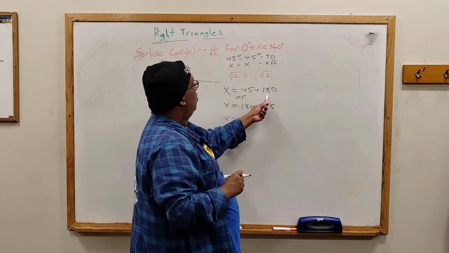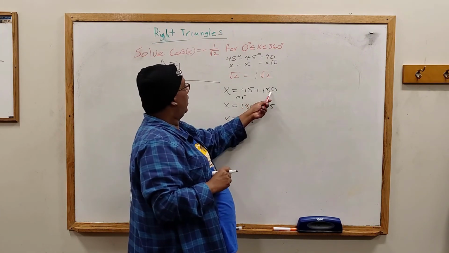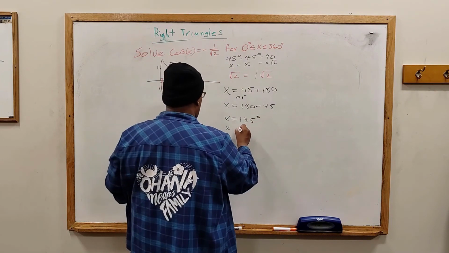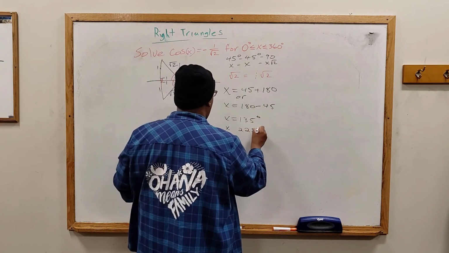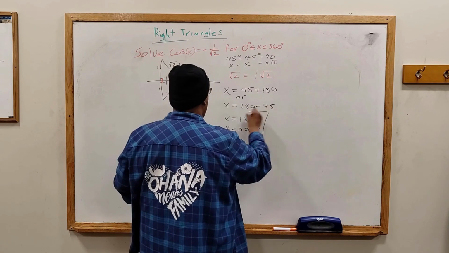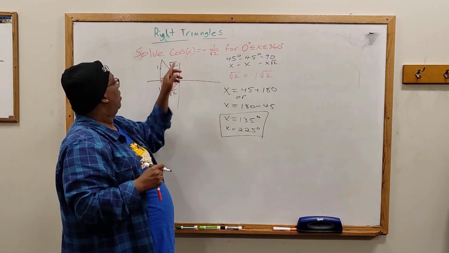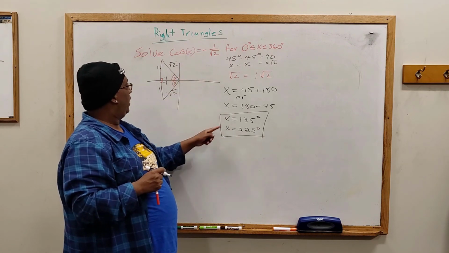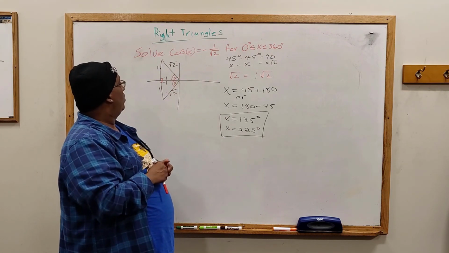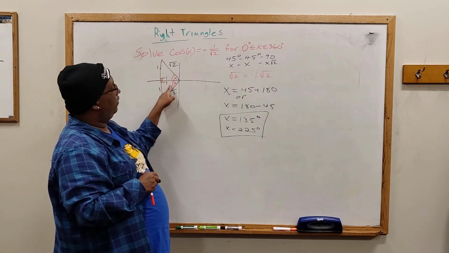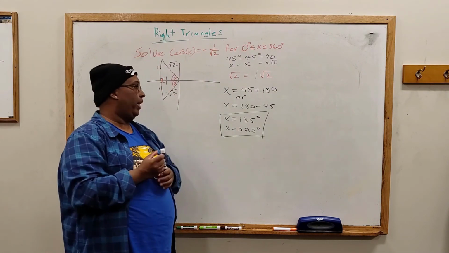And 180 plus 45, that's like 200 plus 25, so 225. So solving this one, we have to solve for x. X equals 135 degrees here and 225 degrees here. And we are done.